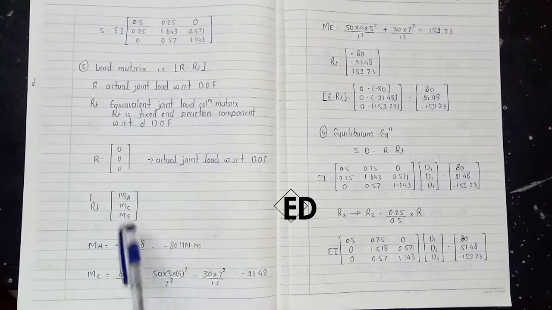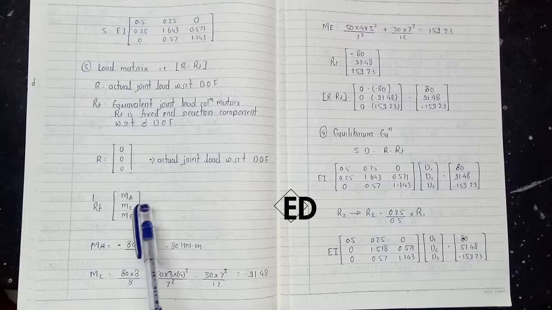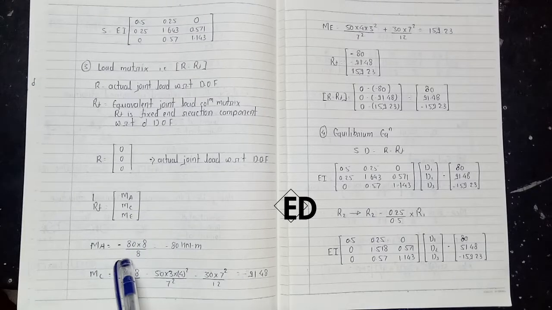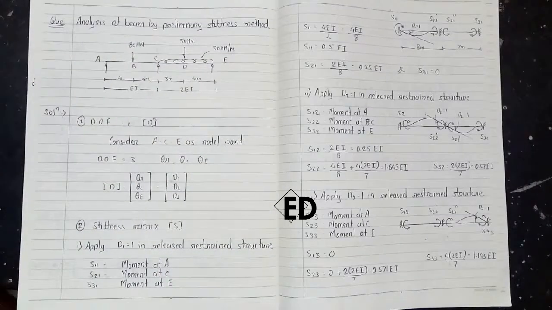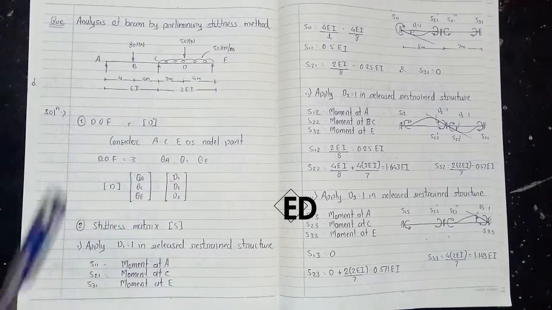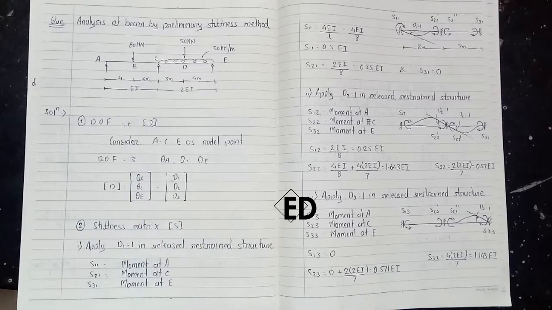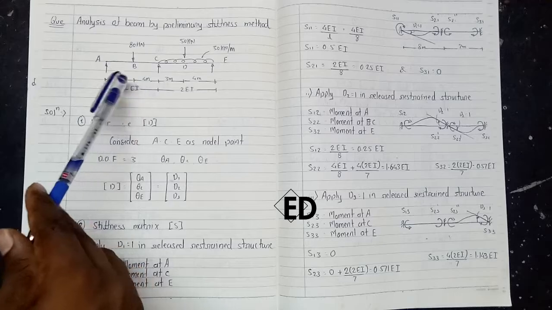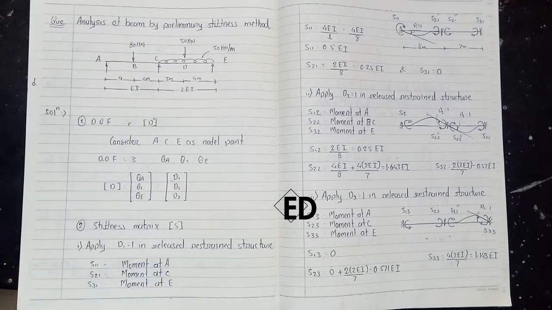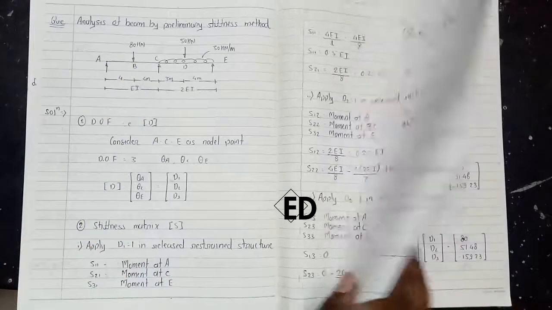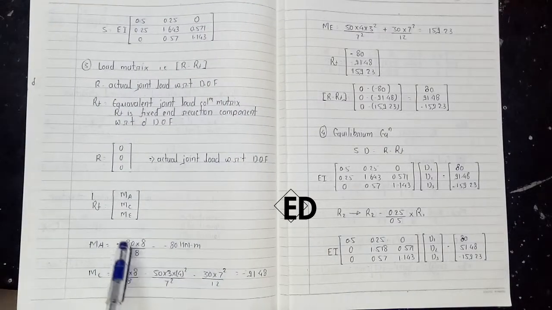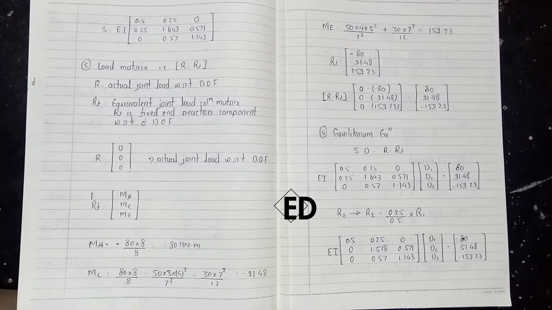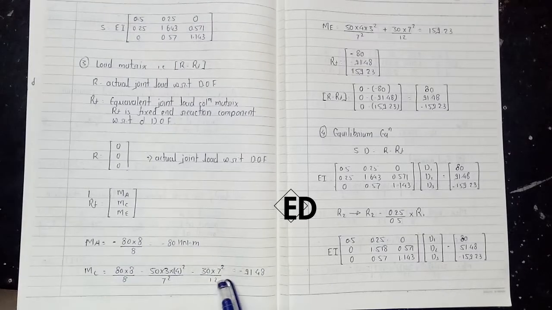RF is the fixed end reaction component, which I represent here as MA, MC and ME. MA is PL by 8, because only the point load is acting, and we know the fixed end moment for this is PL by 8. P is the load, L is the length, so we get minus 80 kN.